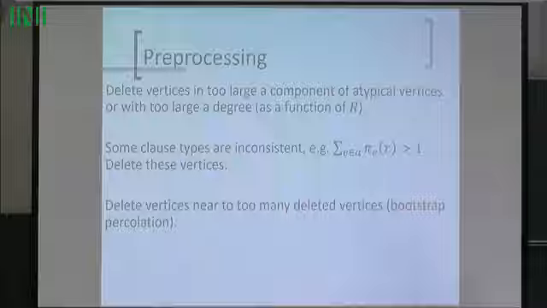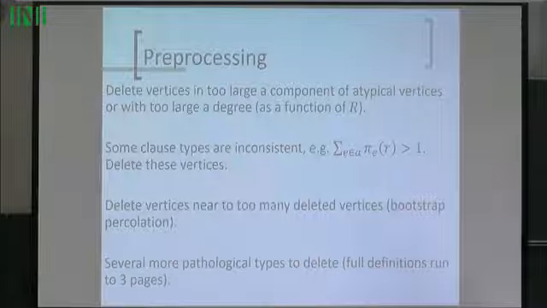There are several more pathological things that can happen, and we delete them too. The full definition of the things that we exterminate from the graph is a few pages long, so I won't tell you all the details of that.